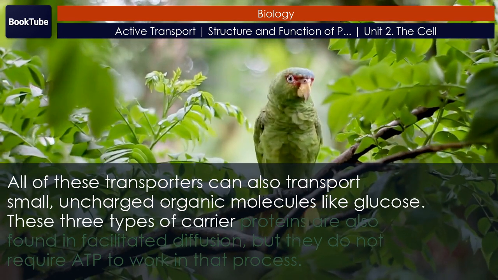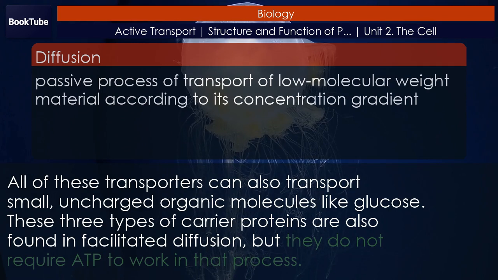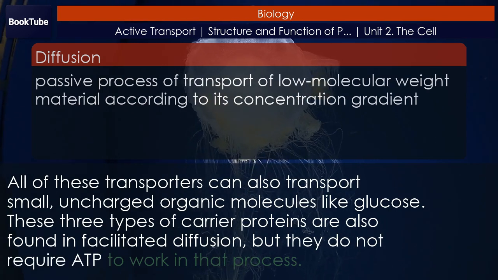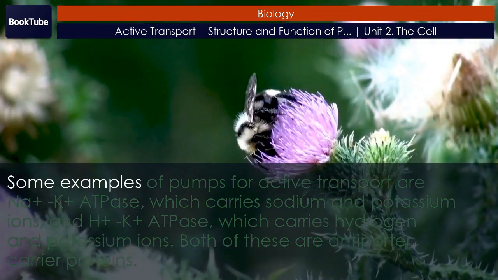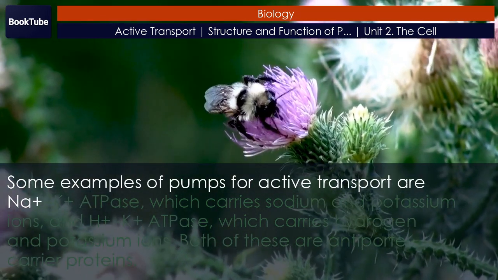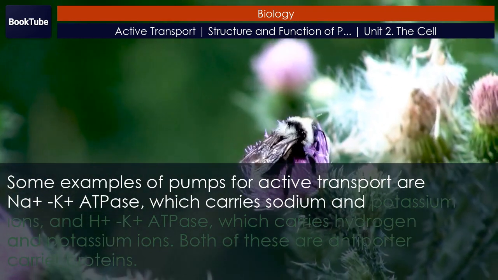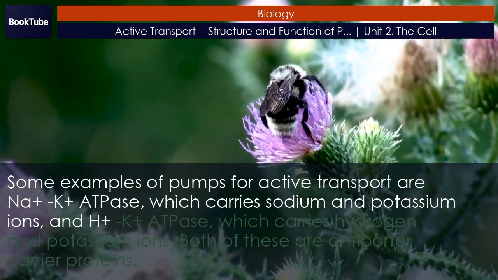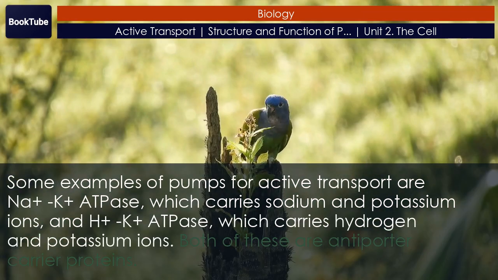These three types of carrier proteins are also found in facilitated diffusion, but they do not require ATP to work in that process. Some examples of pumps for active transport are Na+ K+ ATPase, which carries sodium and potassium ions, and H+ K+ ATPase, which carries hydrogen and potassium ions.